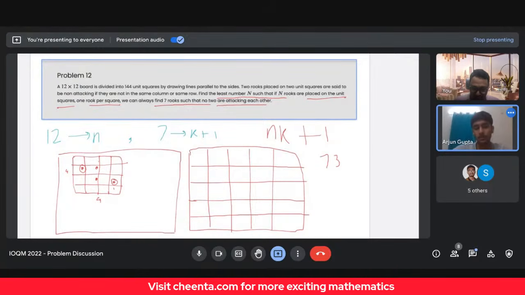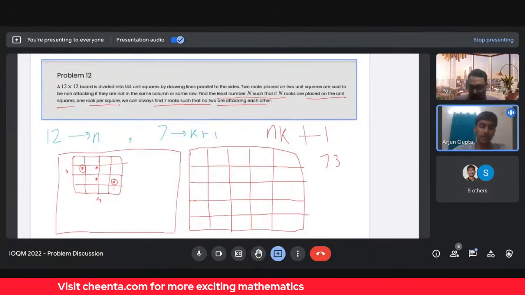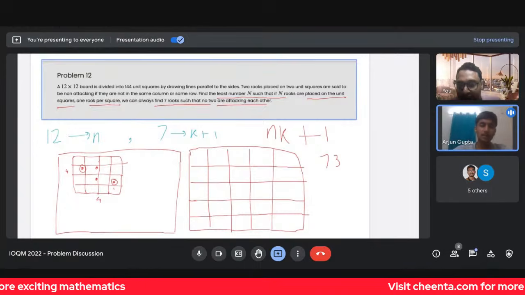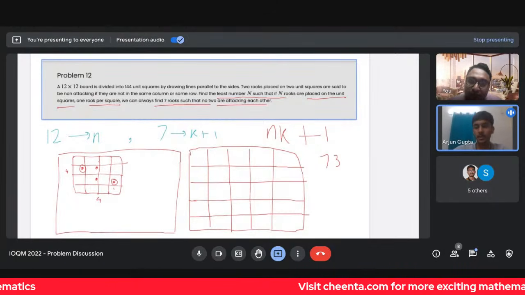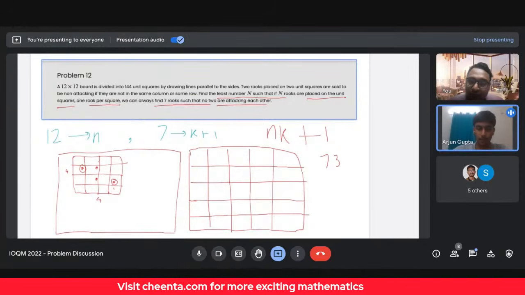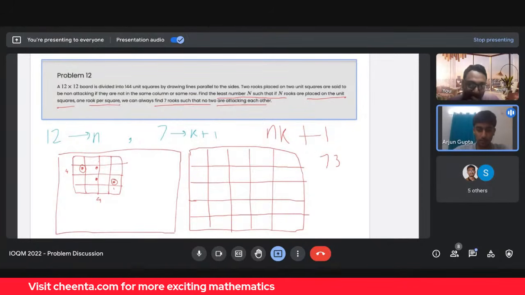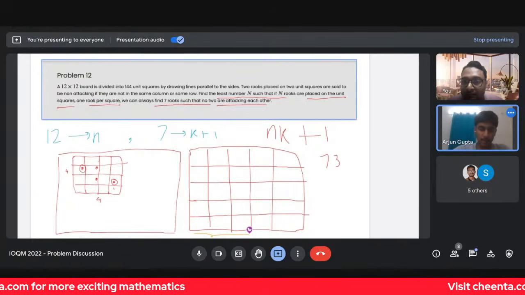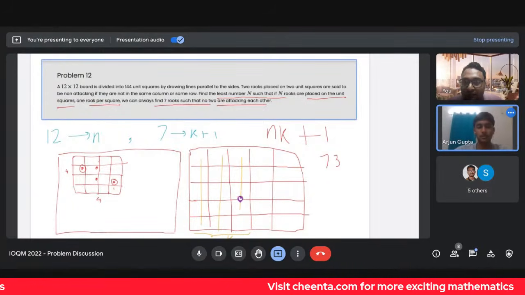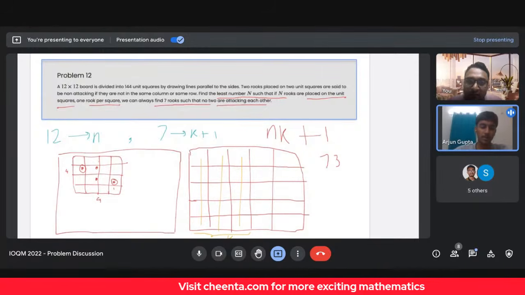First, we show that if we place nk rooks such that no k plus 1 rooks are non-attacking, we pick any k rows and fill them fully, putting a rook in each of the unit squares.